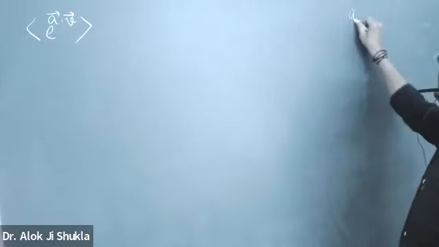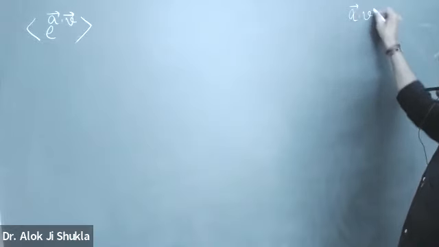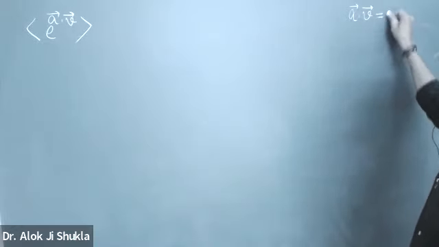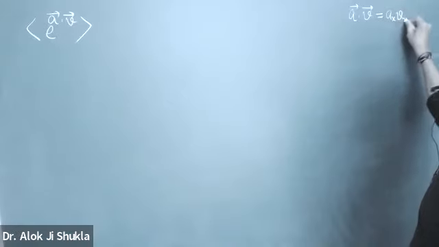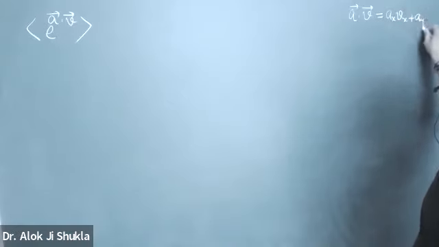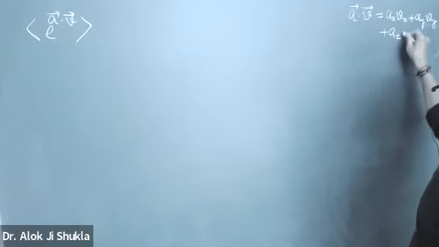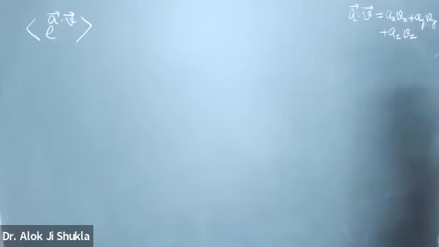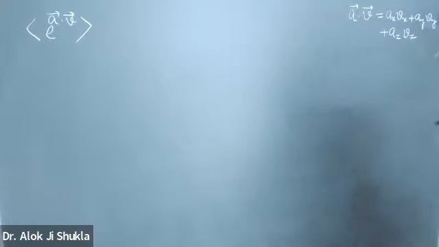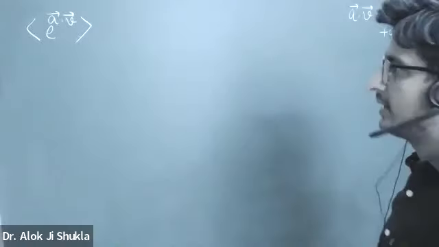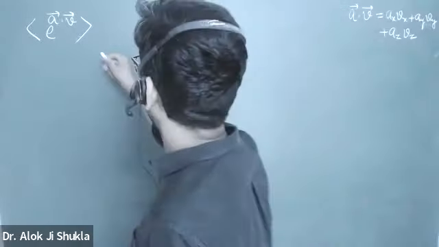I can take the vector A dot V equal to AX VX plus AY VY plus AZ VZ. So I can write it like this, and then I will convert the three-dimensional distribution function into a one-dimensional function.